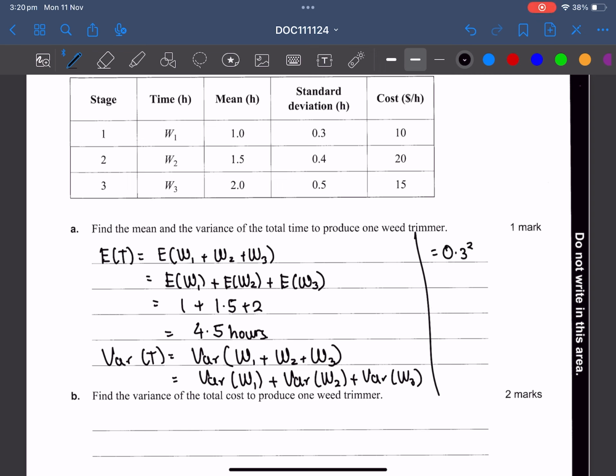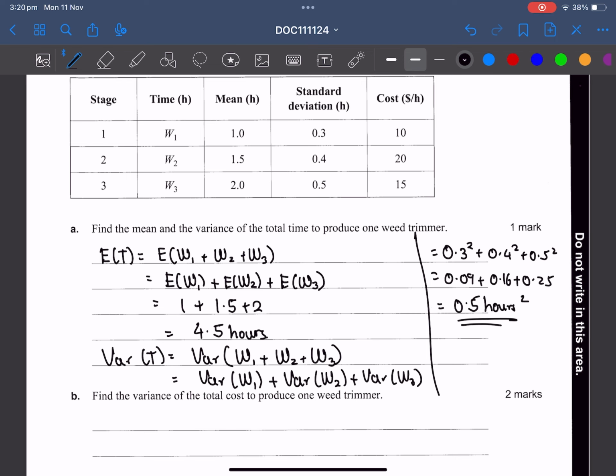So 0.3 squared plus 0.4 squared plus 0.5 squared, so we'll get 0.09 plus 0.16 plus 0.25, which equals 0.5. Yeah, 16 and 9 is 25. Yeah, hours squared. The unit is pretty weird.